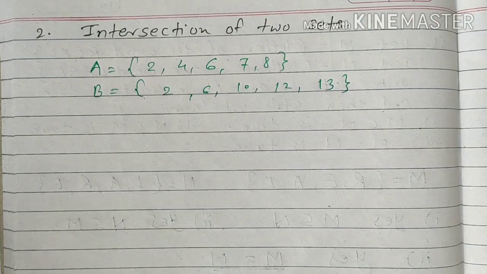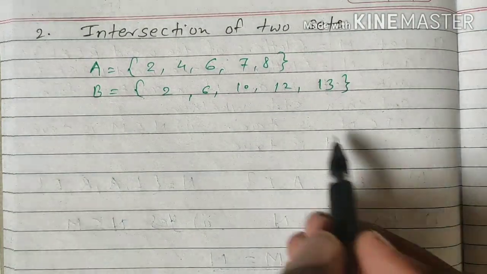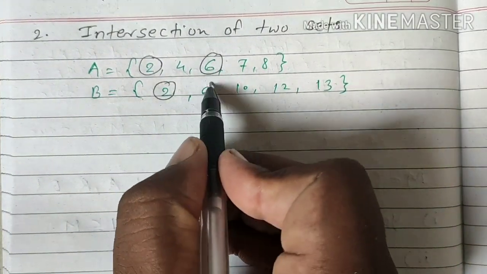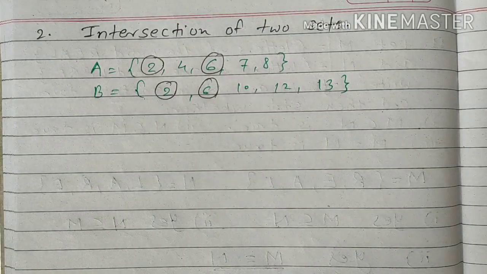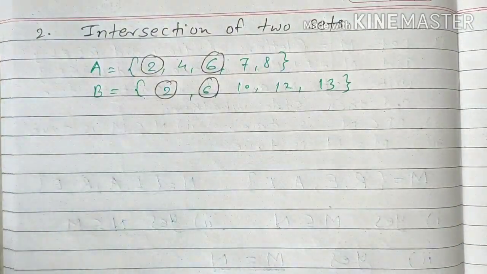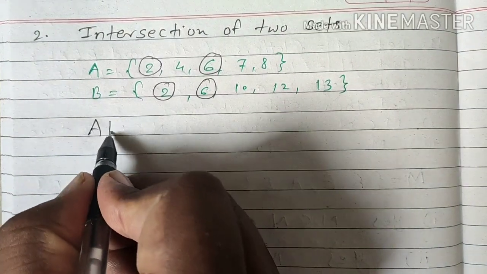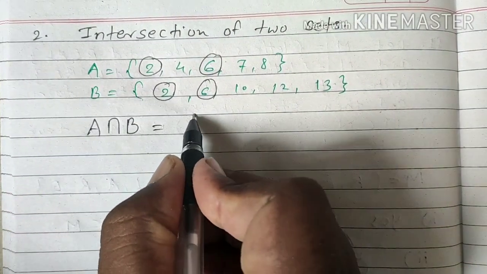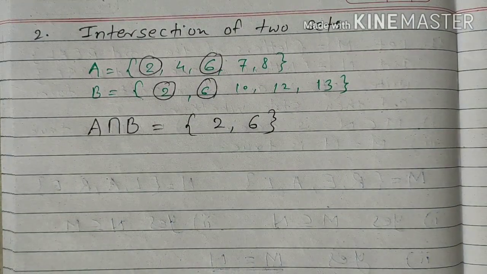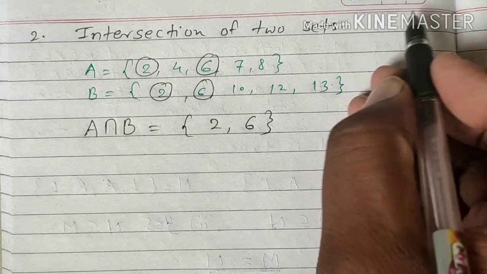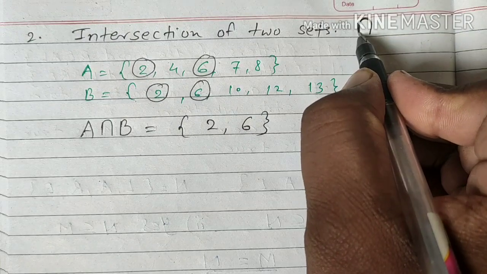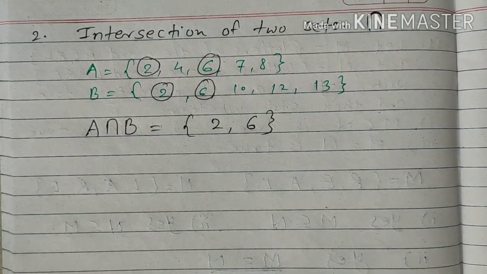Now students, tell me, between the two sets which elements are common? 2, 6. Is anything else common other than these two elements? Nothing. So we can say that A intersection B will be 2 and 6. It means common elements between the two sets, and this is the symbol of intersection.